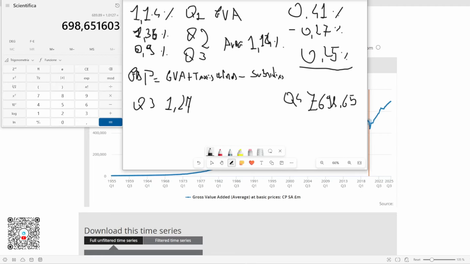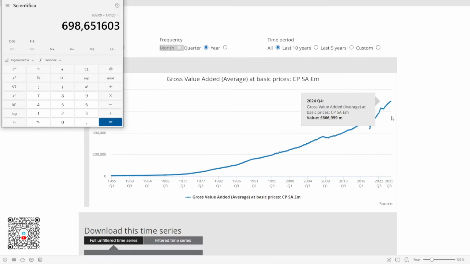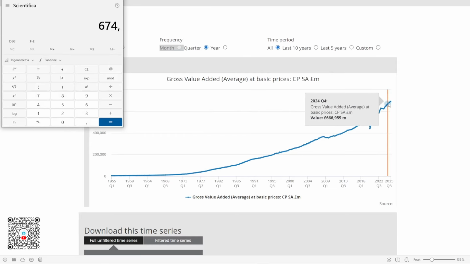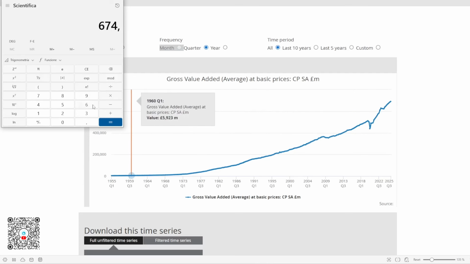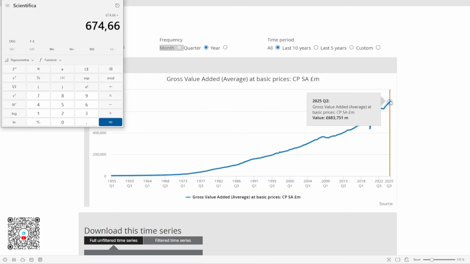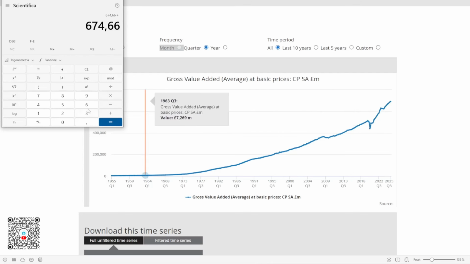Now, we take basically the sum of the first 3 quarters, we sum up, and we find out. So we have 683.66 plus 683.75 plus 689.89.